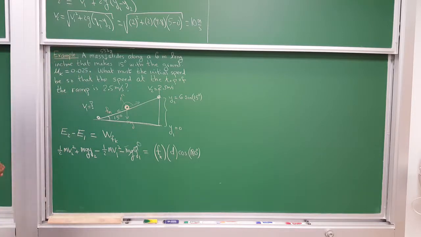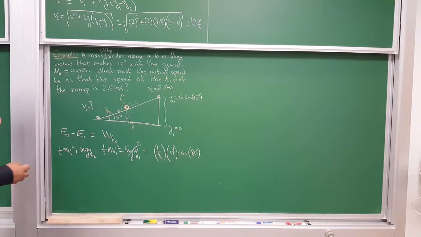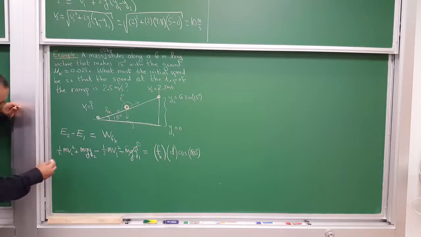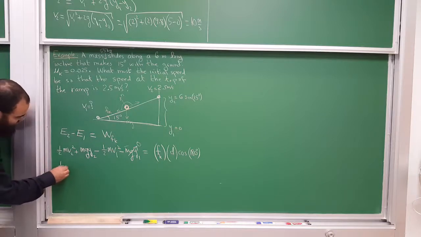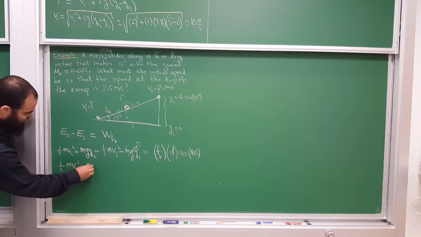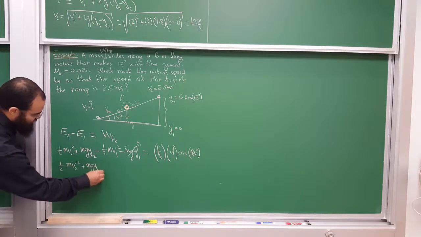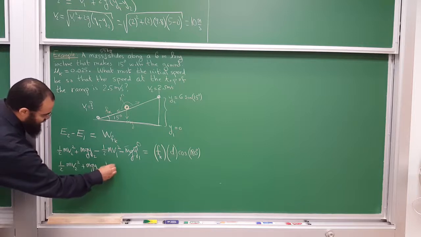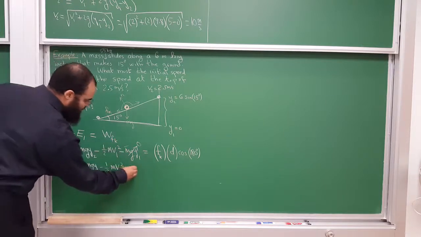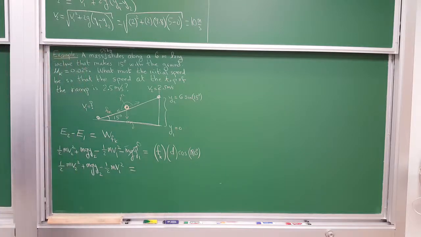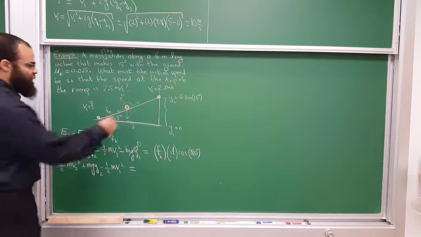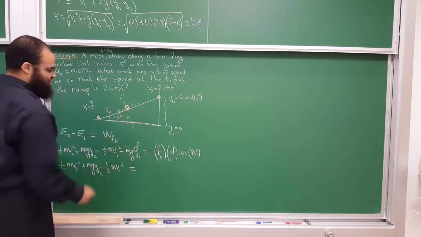Okay, so let's write this one again. I have 1/2 mv2 squared plus mgy2 minus 1/2 mv1 squared. This one was 0. Now what's the force of friction? It's the coefficient of friction times the normal force, and the normal force is mg cosine theta.